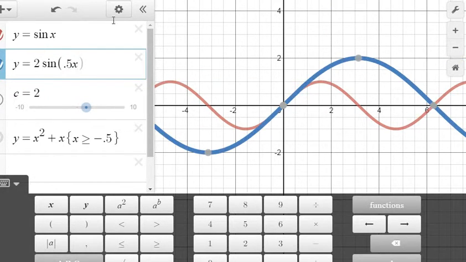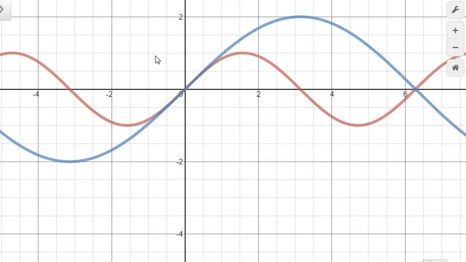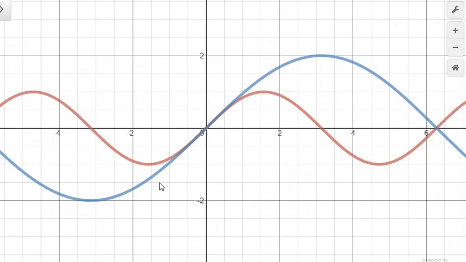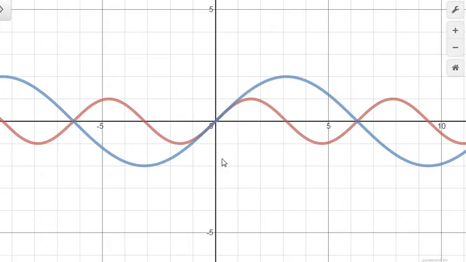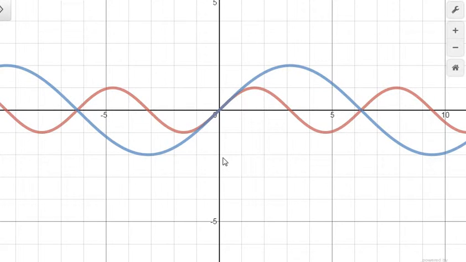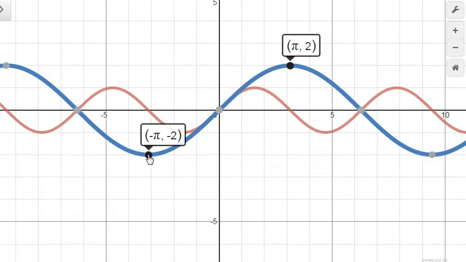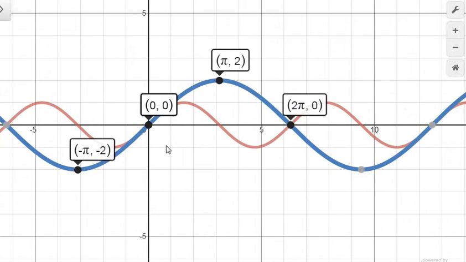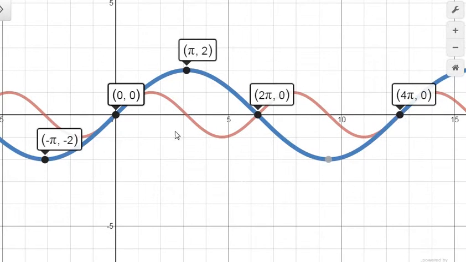So you can see the vertical stretch, the height of these things is a lot taller. It's up to 2 and down to -2. And the horizontal stretch means that instead of repeating itself every 2 pi units like the graph here in red, the graph in blue repeats itself every 4 pi units. So it's been stretched horizontally and stretched vertically. So, all right. At least you've got a little preview of some of the stuff that might be heading your way with a trig class.